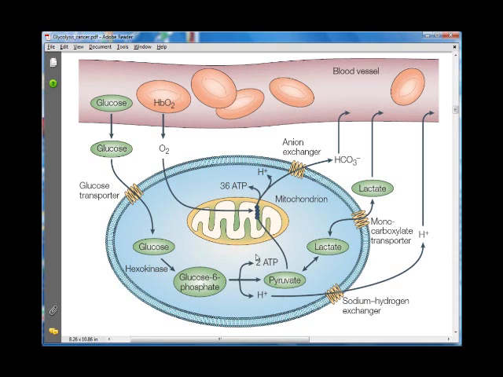One example: if one healthy cell needs one glucose to generate 38 ATPs to survive, then for the same reason, a cancer cell needs 20 glucoses to generate 38 or 40 ATPs to survive, right? So this means that just to survive, a cancer cell needs 20 times more glucose than a normal cell.